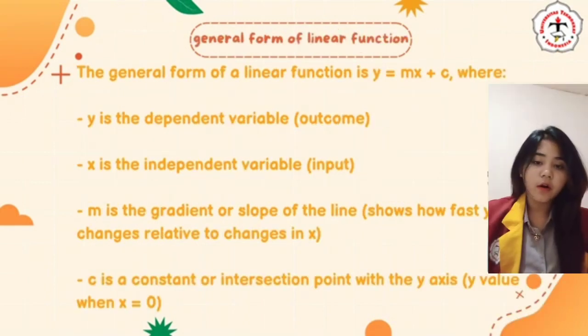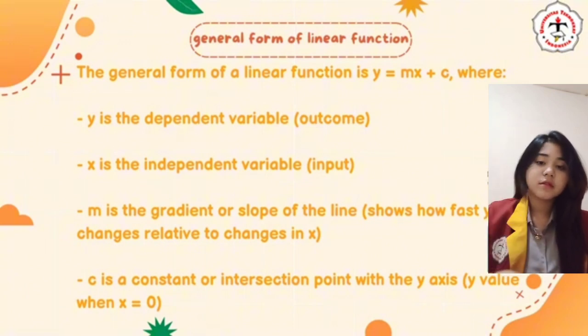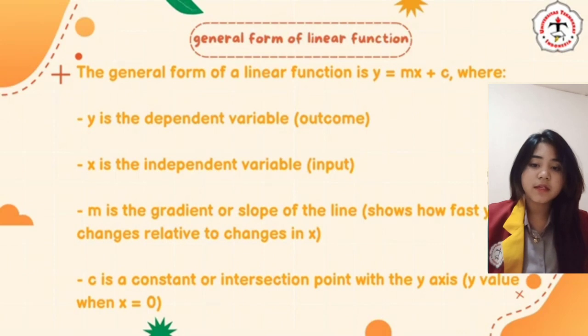General form of linear function. The general form of a linear function is y = mx + c, where number 1, y is the dependent variable, the outcome.